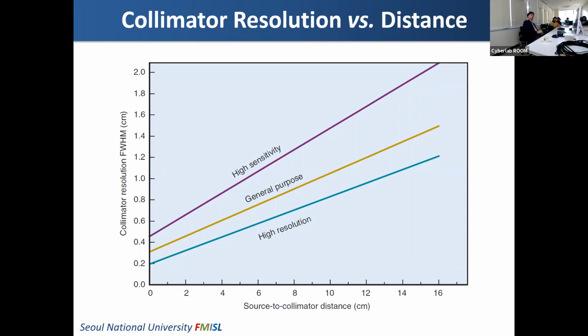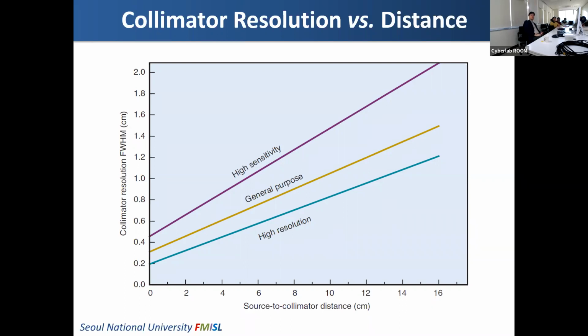As I said, the resolution of a SPECT system mainly depends on the collimator resolution, and this collimator resolution depends on the distance between the source and the collimator. As the source to collimator distance gets larger, collimator resolution will degrade.